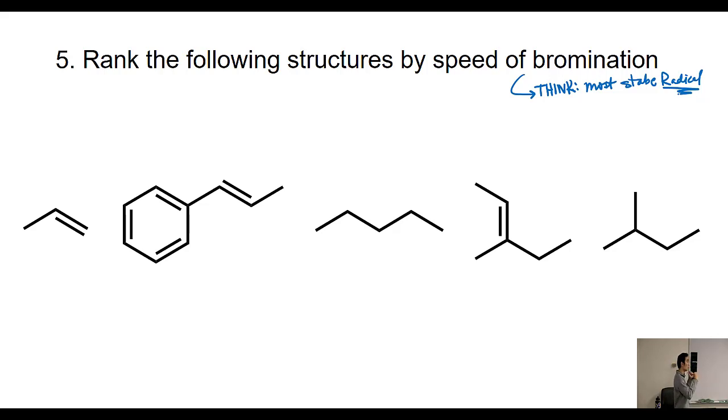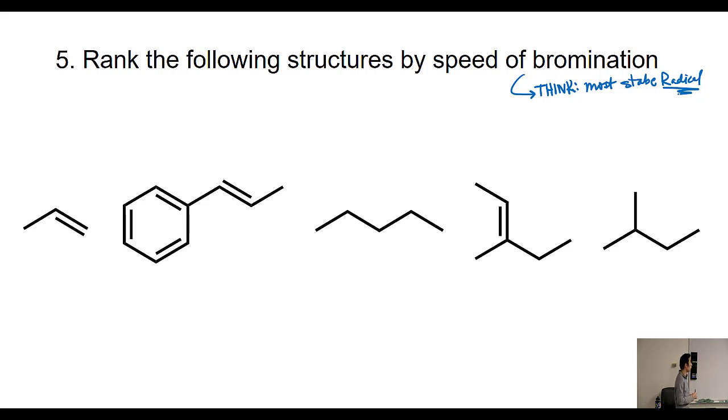Right? Because my rate limiting step is what? The formation of the radical. So if I have a more stable radical position, I'm going to have a faster rate limiting step. And if my rate limiting step is lower energy, my reaction is going to go fast.